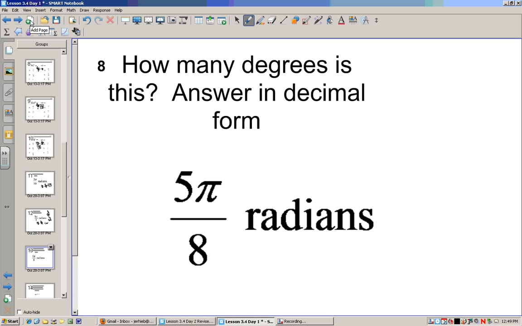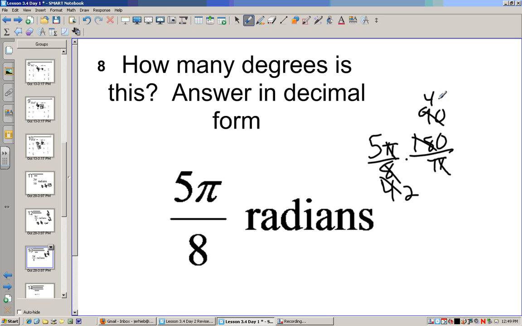All right, how many degrees is in this one? 5 pi over 8. You take 5 pi over 8, multiply it by 180 over pi. These cancel out. The 8's, did I just do this? No. We can take a 2 out of each, so it's 4 over 90. You can take another 2 out.